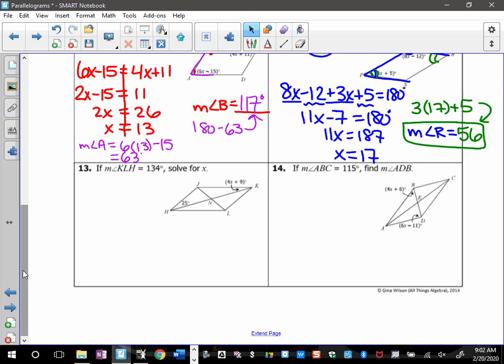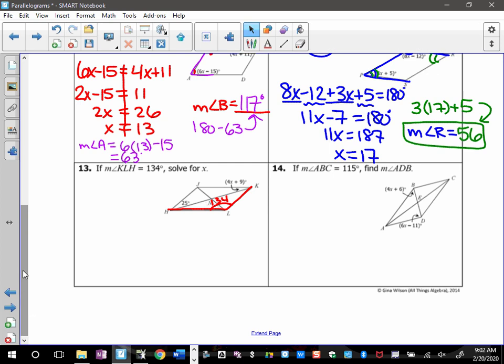Okay, we've made it down to the bottom. Let's do these two. Angle KLH is 134. I'm going to need to use that sometime. Okay, so this is 134.